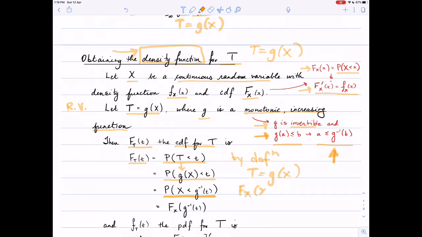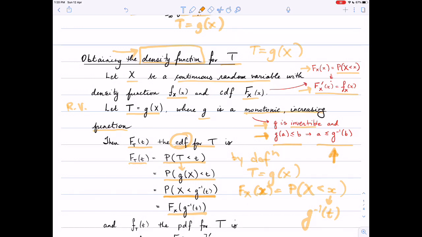F sub x of x is exactly the probability that x is less than some small value x. So our small value x here is g inverse of t. So that gives us the CDF of x evaluated at g inverse of t. So f sub x of g inverse of t. That was the CDF for t. That would let us calculate probabilities for t.